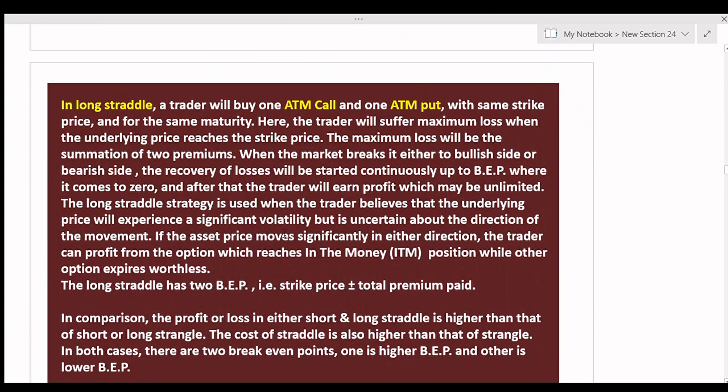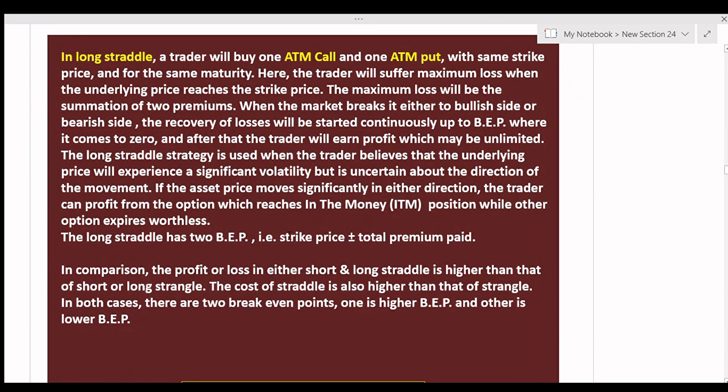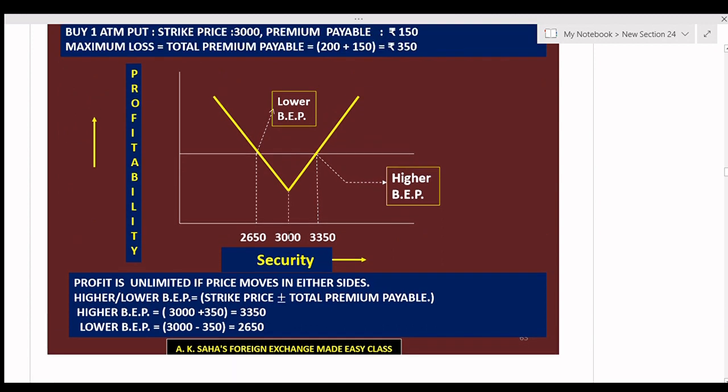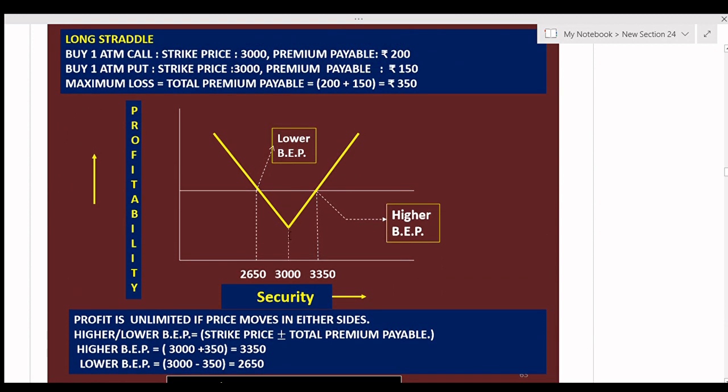Next comes the long straddle. Long straddle is the reverse of the diagram. Here the trader will buy one ATM call, strike price is 3000 and premium payable is 200, and the strike price for the put option is 3000 and premium is 150, total premium paid 350.